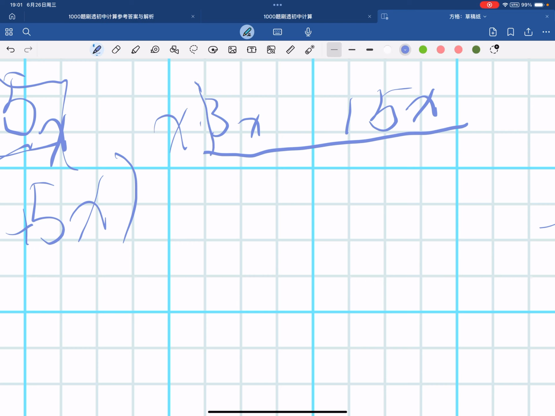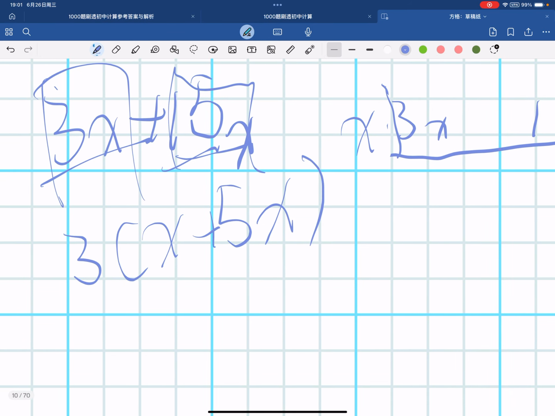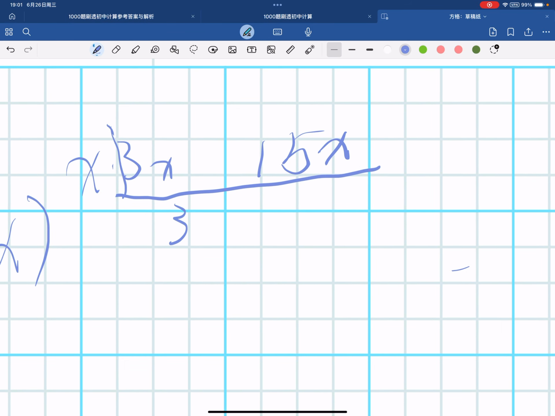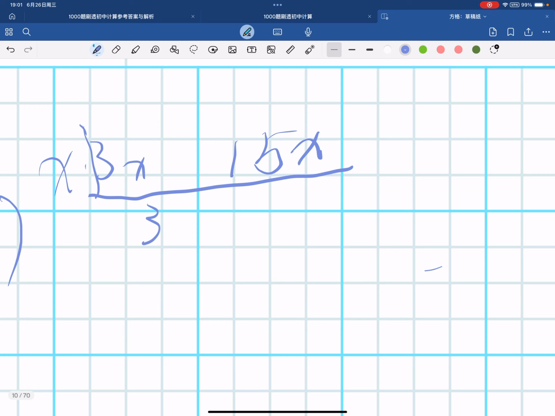Here, 3x divided by x is 3, and 15x divided by x is 15, and again divided by 3, we get 1, and 5.